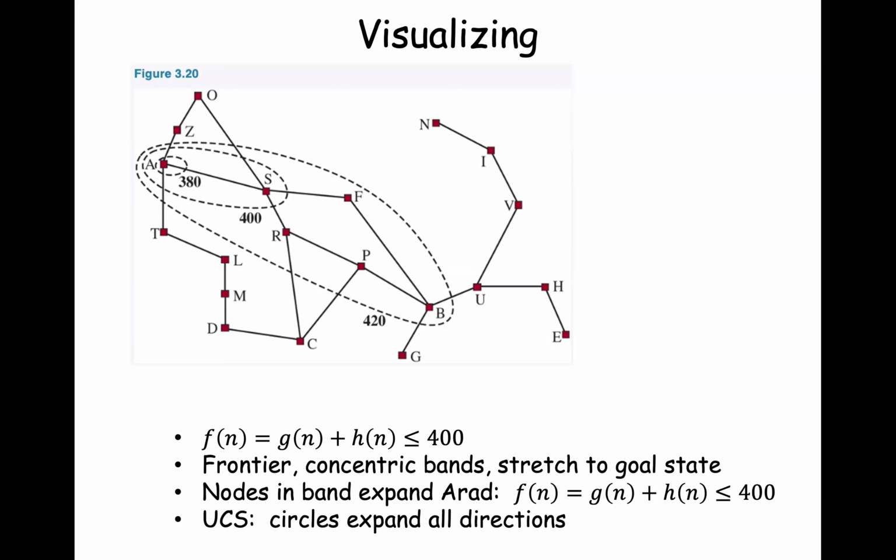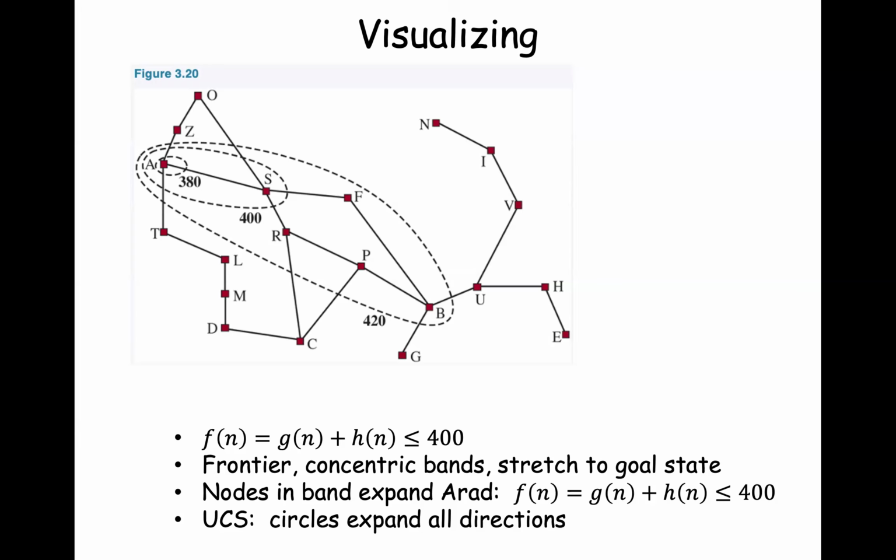And this band monotonically increases in the amount of cost relative to the nodes that might fall within that band of cost. And so in this example, if we look at the second expansion of this band, at most 400, it evaluates all of the nodes whose performance measure f of n in the priority queue is less than or equal to 400.